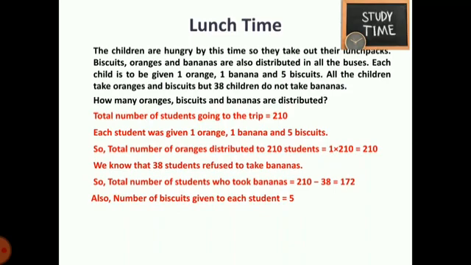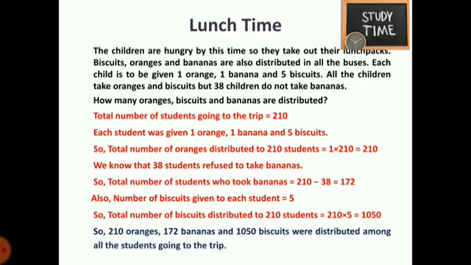The number of biscuits distributed to each student is 5. So 210 into 5, 1050. So 210 oranges, 172 bananas and 1050 biscuits were distributed among all the students going on the trip. Hope you understand this question. Next.